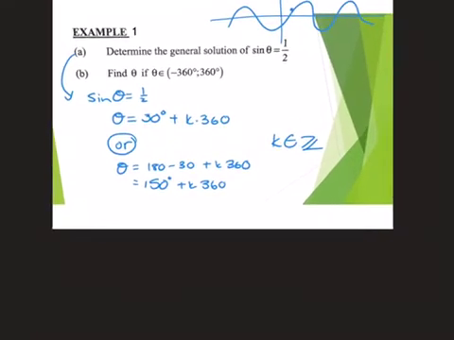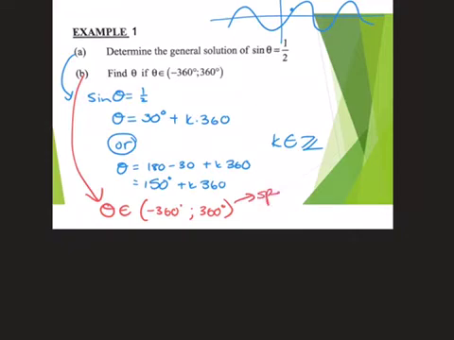So now, for question B, they're saying to us, find theta if theta must be between negative 360 to 360 degrees. So it's like the example I gave you. In other words, it's asking you not for general, but for specific crossover points. So we know in our calculator, if I type in 30 degrees, does 30 degrees sit between negative 360 and 360? Yes, it does. So that one works.